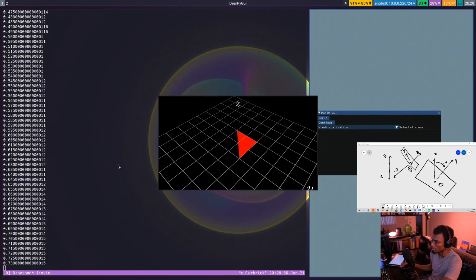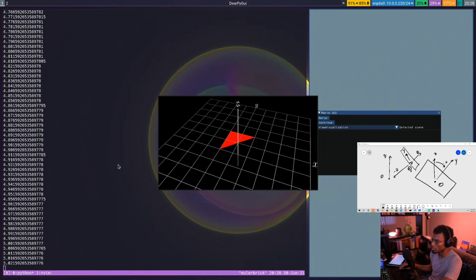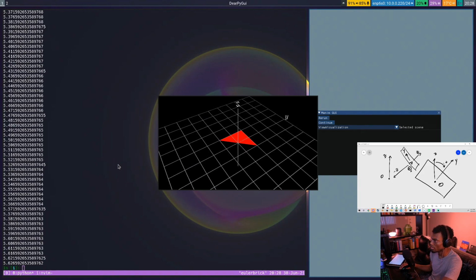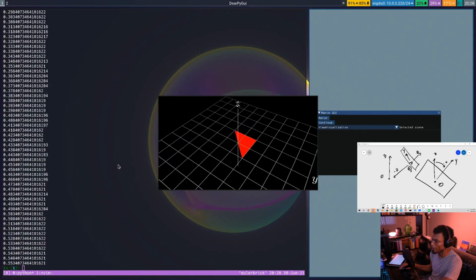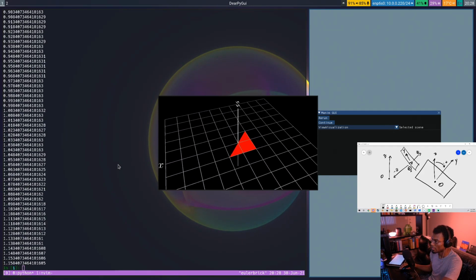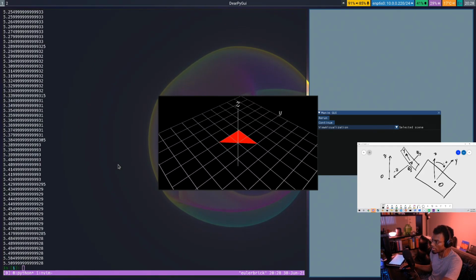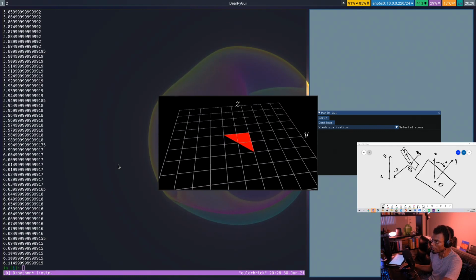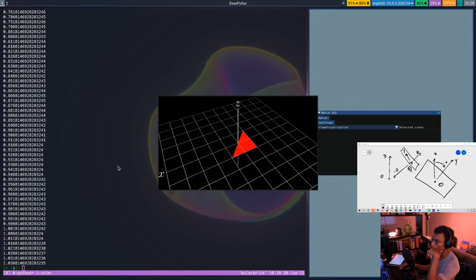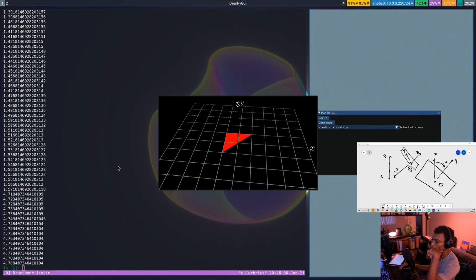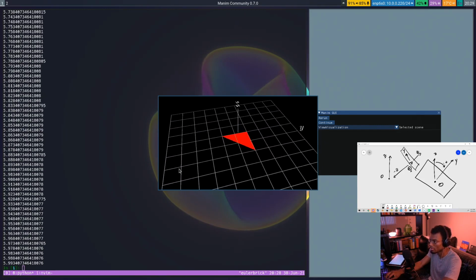It switched immediately. Yeah, it still does it. This is when it switches across pi over 2. It switches across pi, I guess.